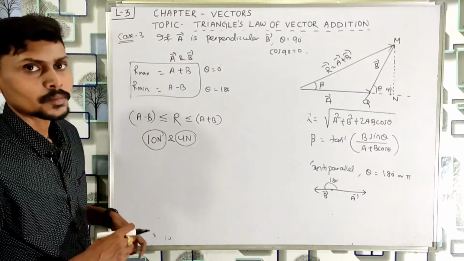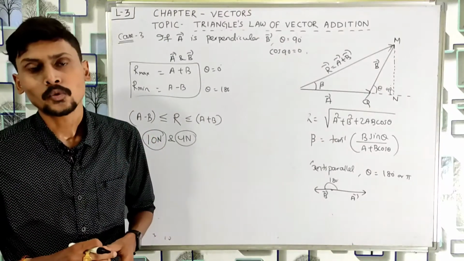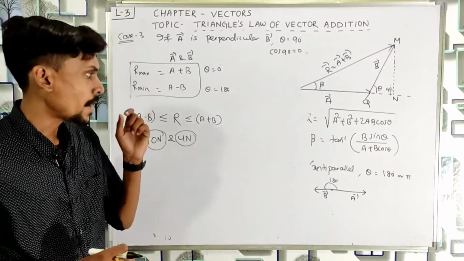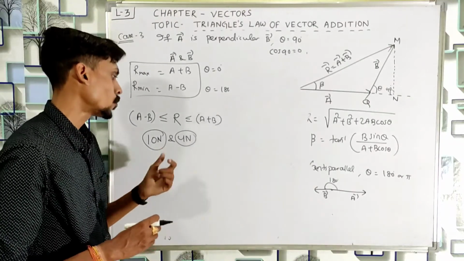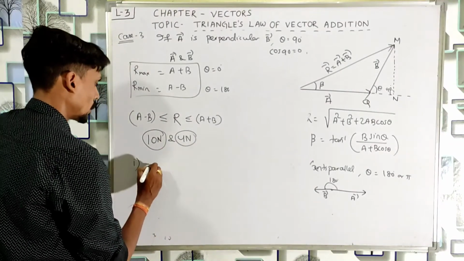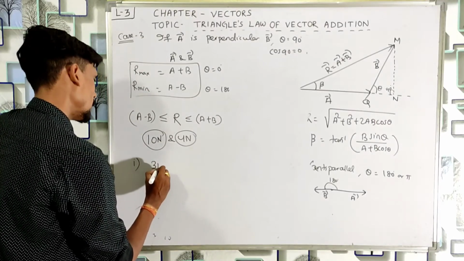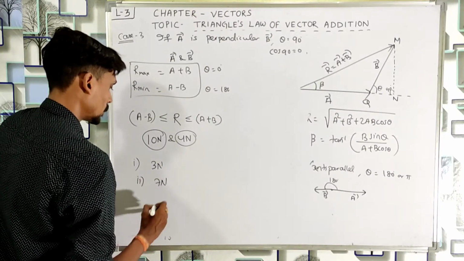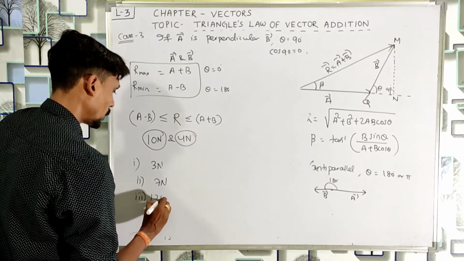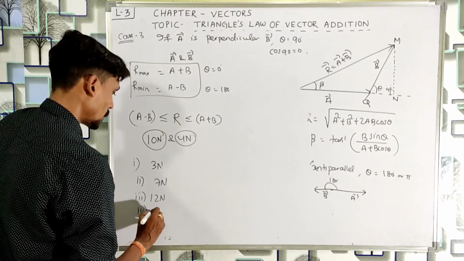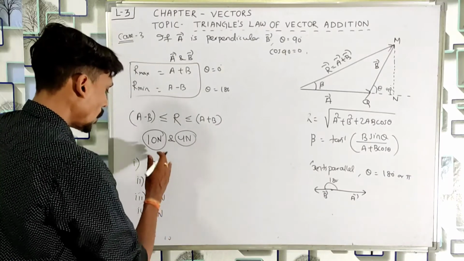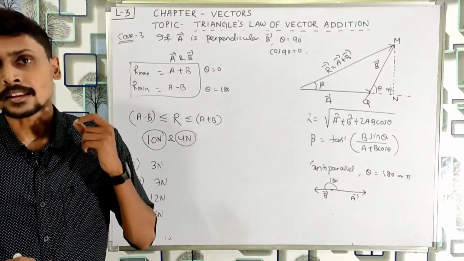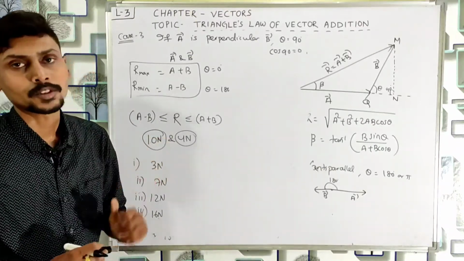So if I ask you which value cannot be the magnitude of resultant of these two forces, suppose I'll write 3 Newton, then 7 Newton, 12 Newton, 16 Newton. Then out of these four values, which value cannot be the magnitude of resultant of these two forces?